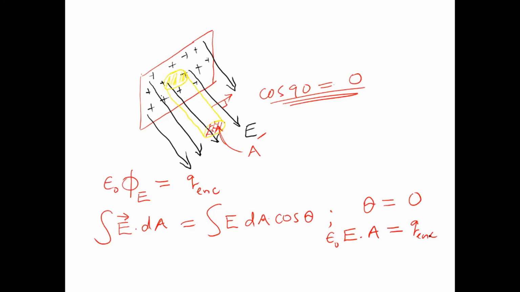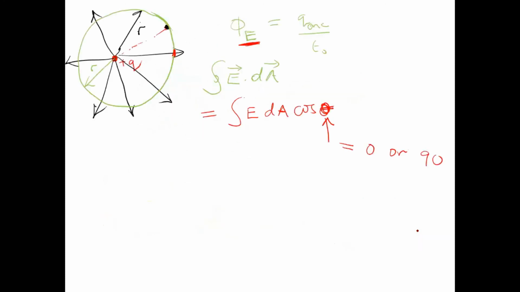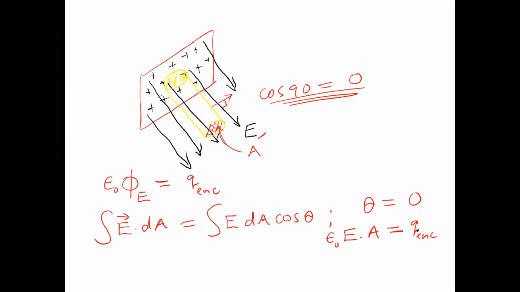Now you have to express this charge enclosed in terms of the surface charge density. The charge enclosed is the surface charge density times the area. Remember from what we learned before, surface charge density is the charge over area.